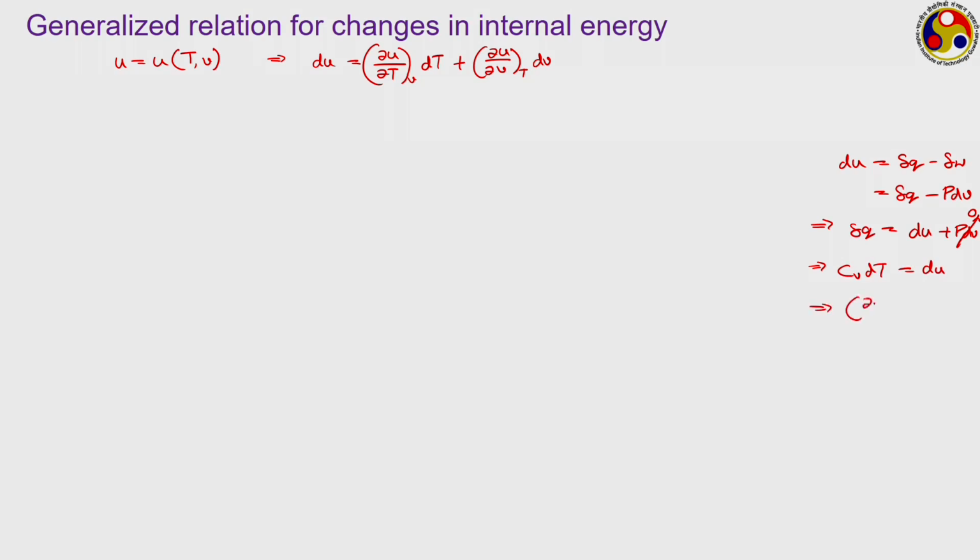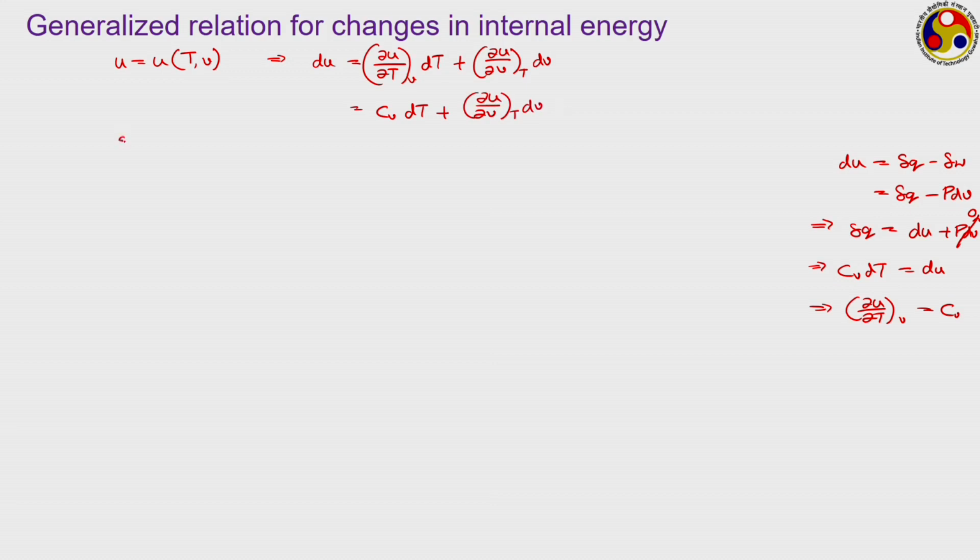That means ∂U/∂T at constant volume can be represented as Cv, the specific heat at constant volume. So, du is equal to Cv dT plus (∂U/∂V) at T dV.